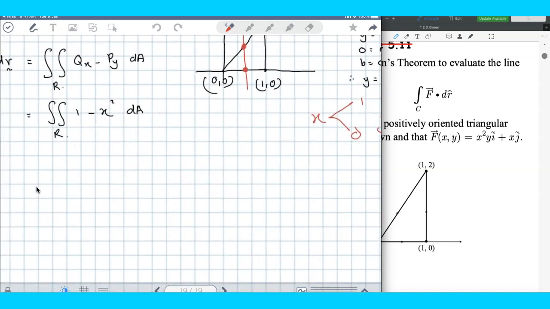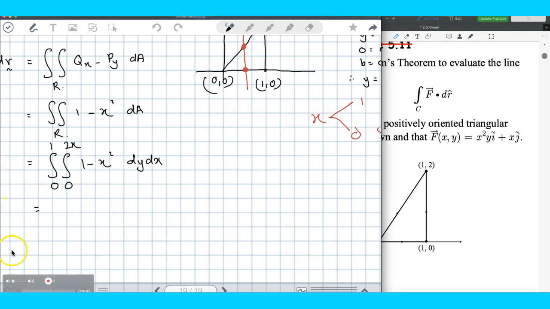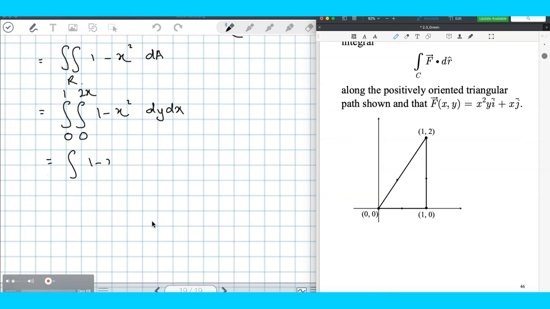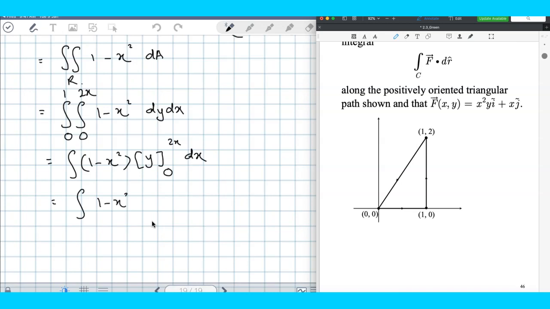Okay, so now we can put it into our double integral: 1 minus x squared dy dx, x from 0 to 1, y from 0 to x. First we integrate with respect to y, and substitute the limits. So we have 1 minus x squared times x dx.